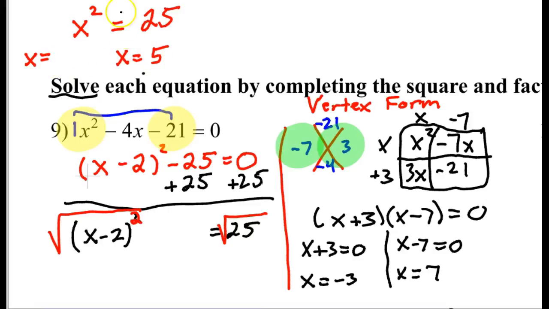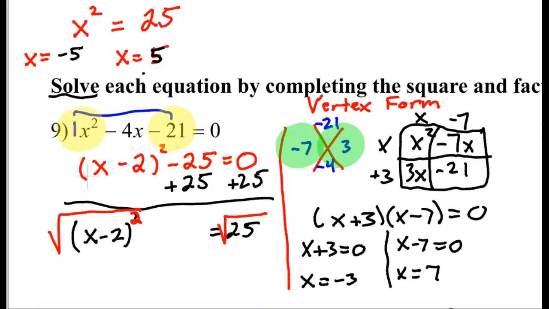What's the other one? There's one more number. What times itself is 25? What is it? -5. There you go. Yeah, -5 times -5 is also 25.